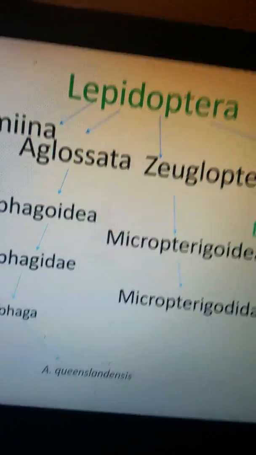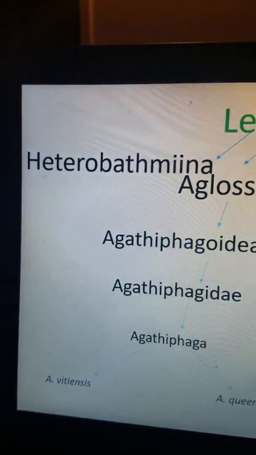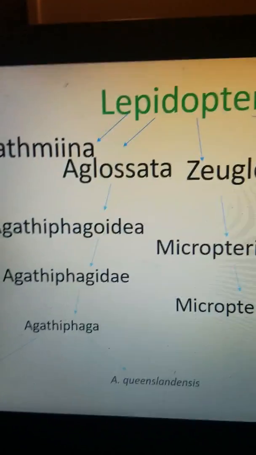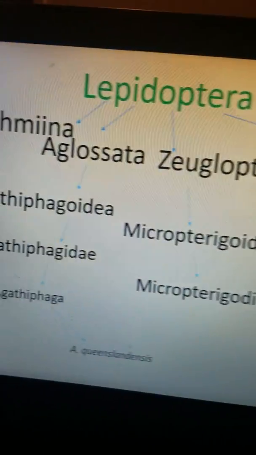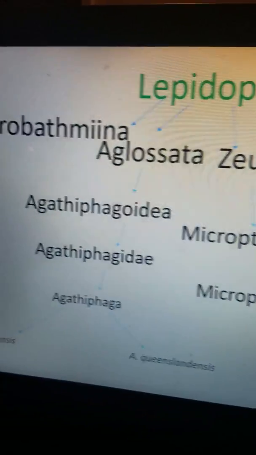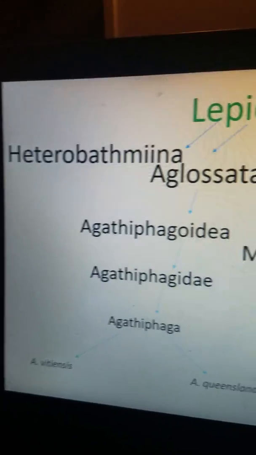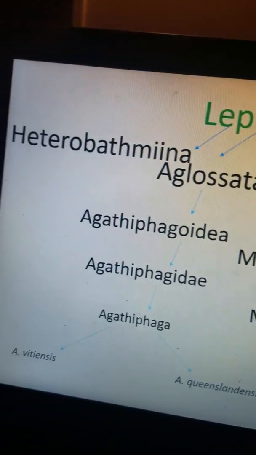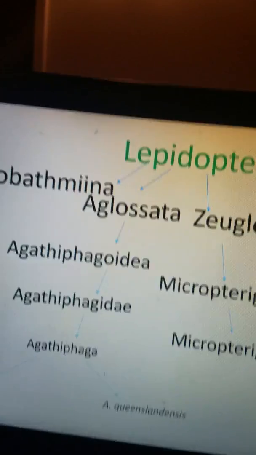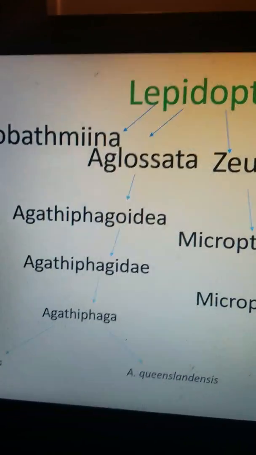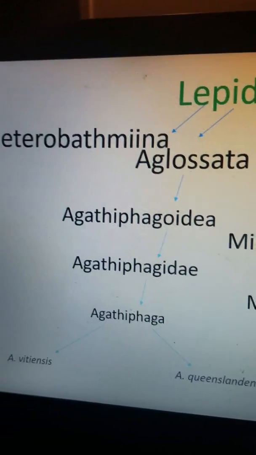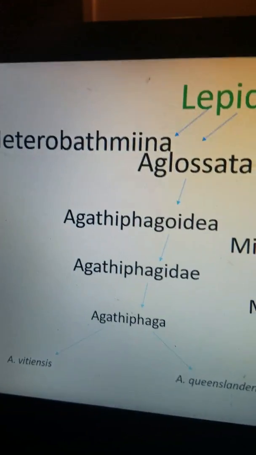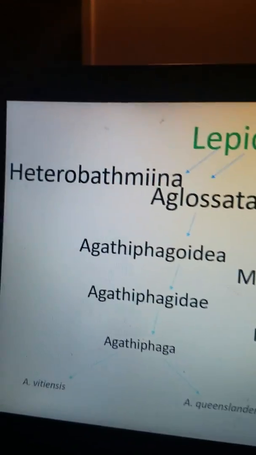They either have no mouthparts or they have very mandibular, caddisfly-like mouthparts, since they are the most primitive lineages. The Heterobathmiina is the second smallest of these three small groups of Lepidopterans. It only has about 10 or 11 species that we have discovered, and it has a single family with 2 genera, I believe, and it is confined to South America and is very understudied.